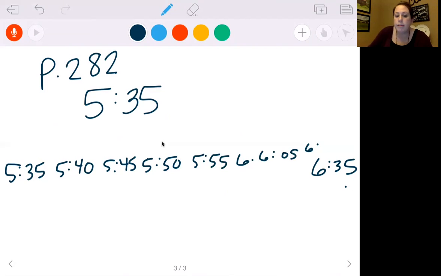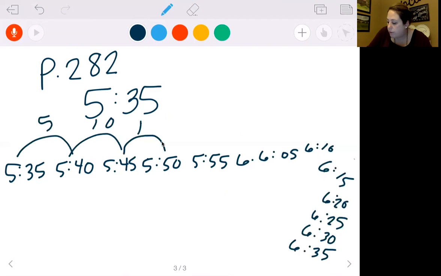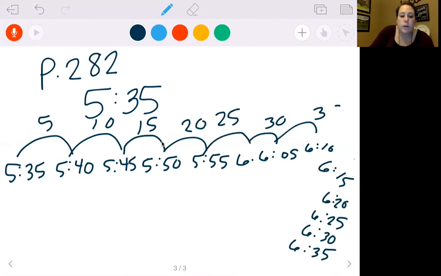So we're skip counting by 5. So we're going to skip count to 35 minutes starting at 5:35. So we're going to go 5, 10, 15, 20, 25, 30, 35. So when I count all the way until I get to, we read this backwards, sorry. She will jog for 35 minutes.